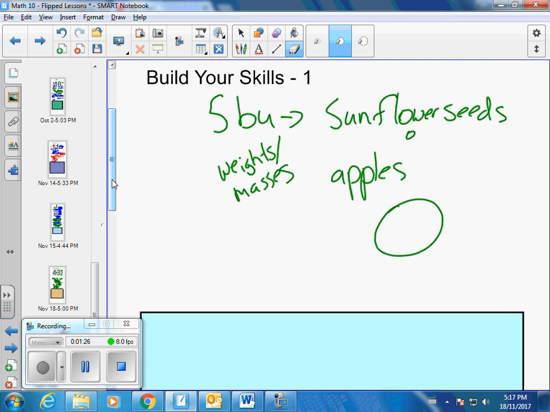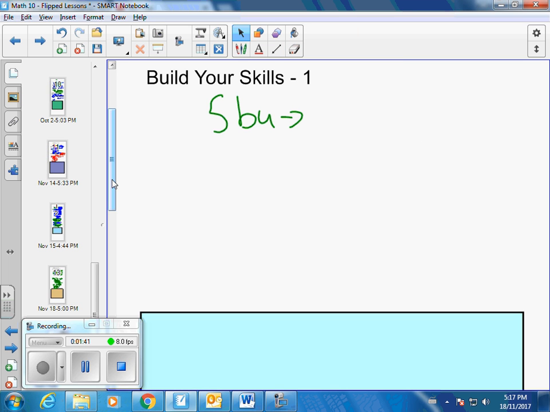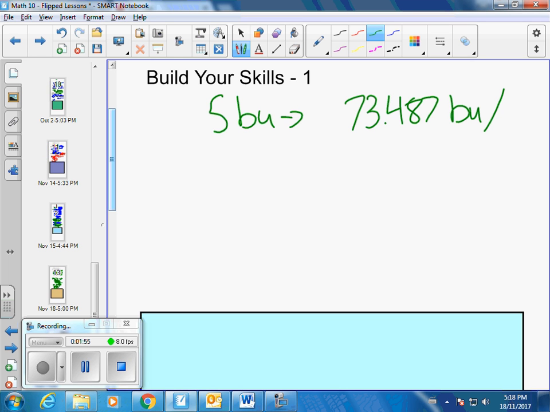So what I actually need, and most businesses will have this, is a conversion factor for bushels. Sunflower seeds will have a different conversion factor than apples because they take up more space within the bushel and they weigh a different weight. For this example, we have a conversion factor of 73.487 bushels per ton.